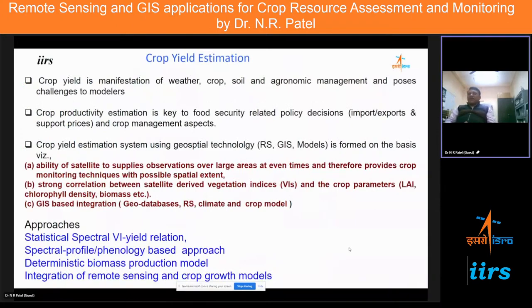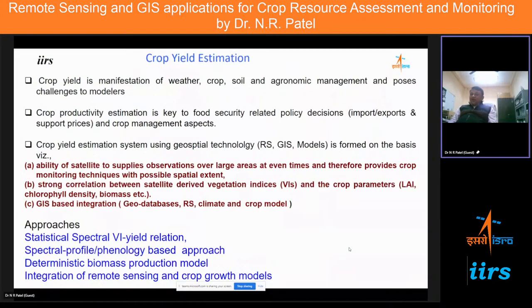Nowadays, one basic source of information is remote sensing data. Crop yield is nothing but crop production per unit area. This is called crop productivity. And crop productivity depends on weather, crop, soil, and agronomic management. It imposes a great challenge for the modelers. It is very difficult to model crop productivity.